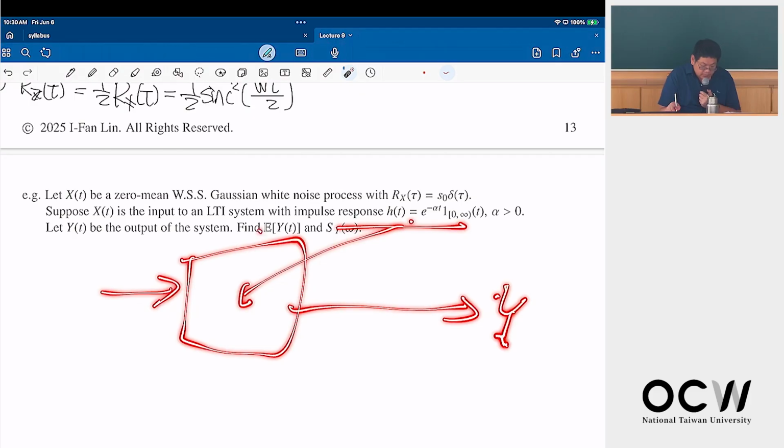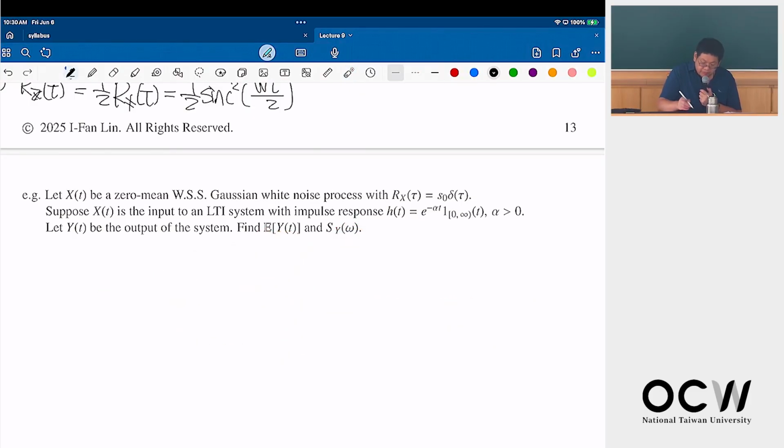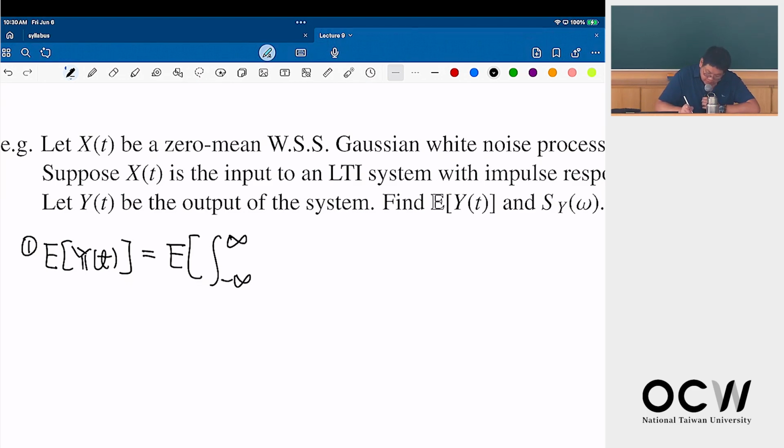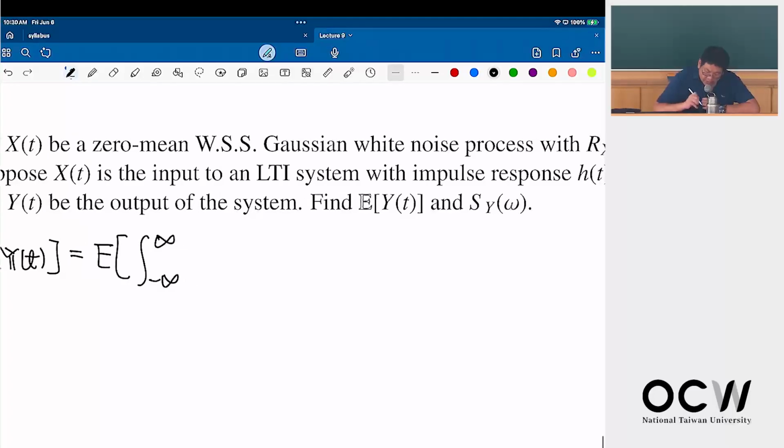To find the mean of Y, that's easier. We just follow the definition. The mean of Y, that's expectation. What is Y? Y is the output. So we do the convolution.